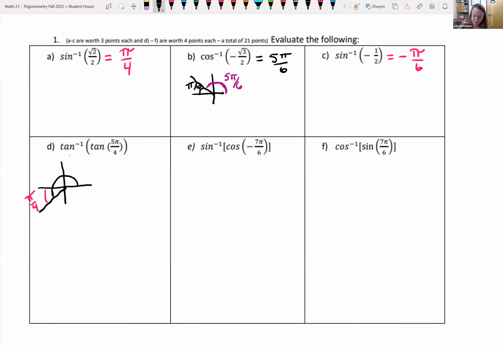Tangent of pi 4ths is 1, and it's 1 in quadrant 3. Now when we evaluate tangent inverse of 1, again the output has to be between negative pi halves and pi halves. So tangent of what gives me back 1? Tangent of pi 4ths gives me back 1. So this is equal to pi 4ths.